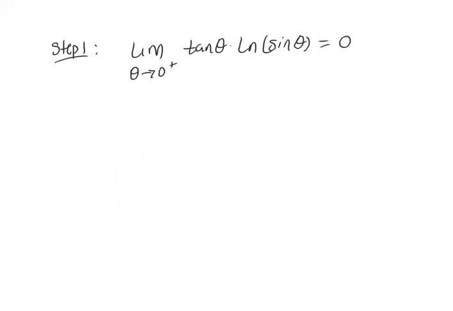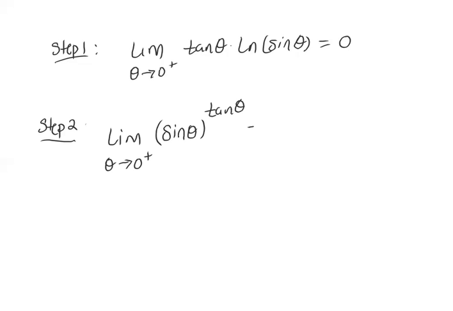Step 2 is shorter. Now for step 2, I want to determine, well, what is the limit as theta approaches 0 from the right of the sine of theta to the power of the tangent of theta. I know that it's equal to, because again, we found a finite limit here, e to the power of whatever that limit is that we found, which is equal to 1.